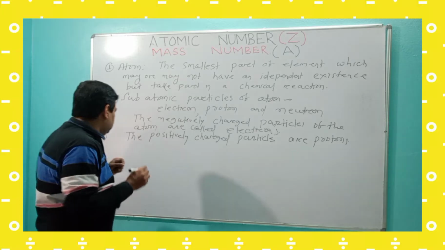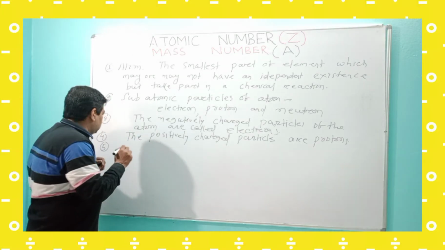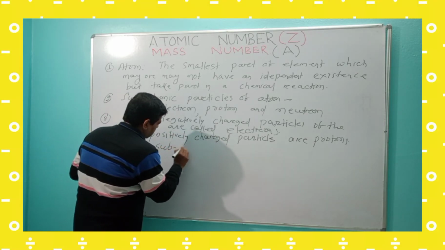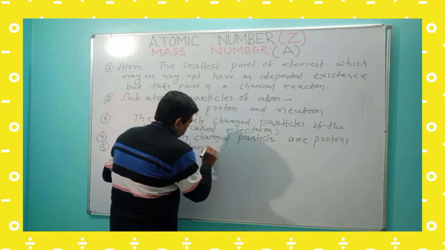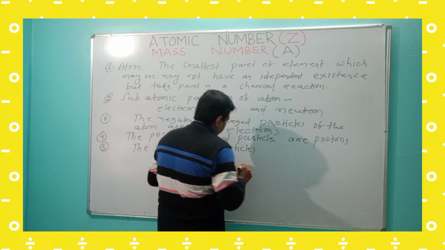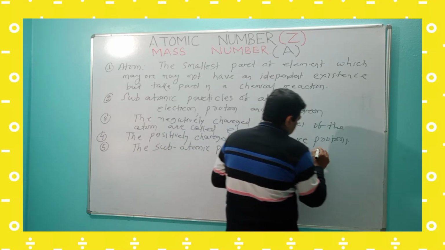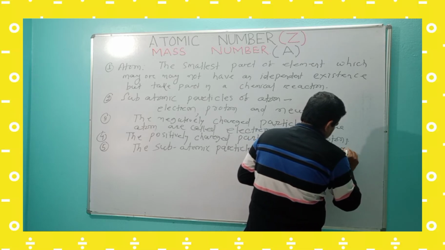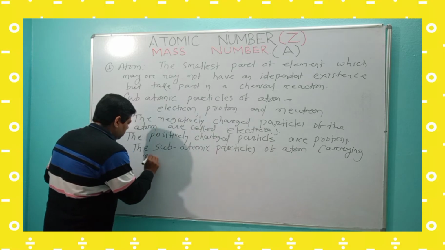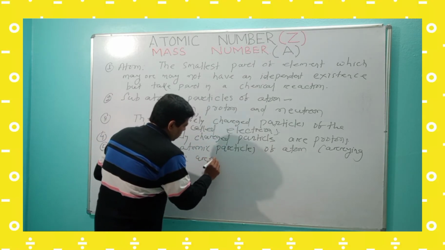Understand? And the last one is the neutron. The subatomic particles of the atom carrying no charge are called neutrons.